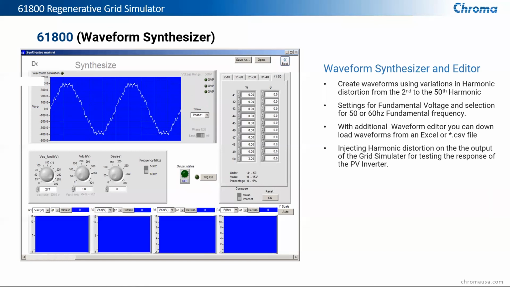And you can do that at 50 and 60 hertz fundamental frequency. You can do it in value or you can do it in percentage. And again, this is something where you can have the output up and running. You can hit the trigger button that will trigger and run a particular distorted sine waveform at different intervals, different voltages, and different phases.